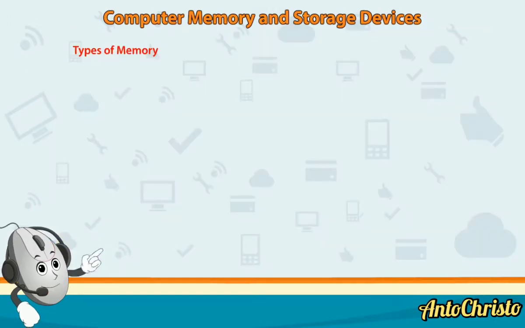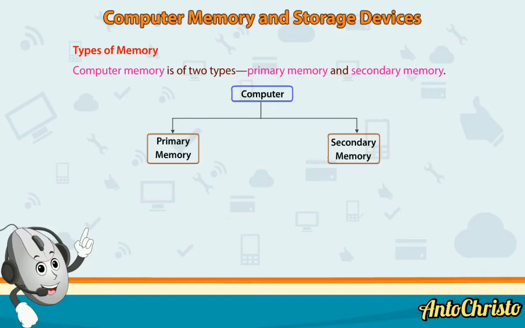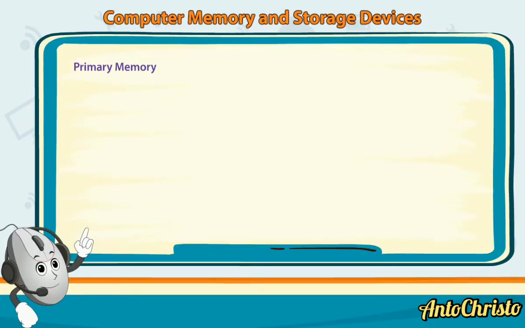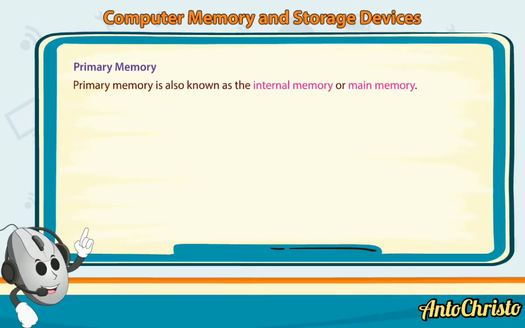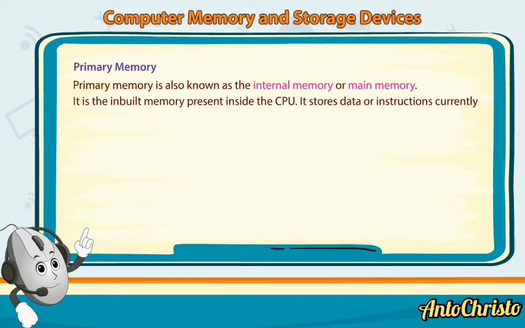Types of memory. Computer memory is of two types: primary memory and secondary memory. Primary memory. Primary memory is also known as the internal memory or main memory. It is the inbuilt memory present inside the CPU.